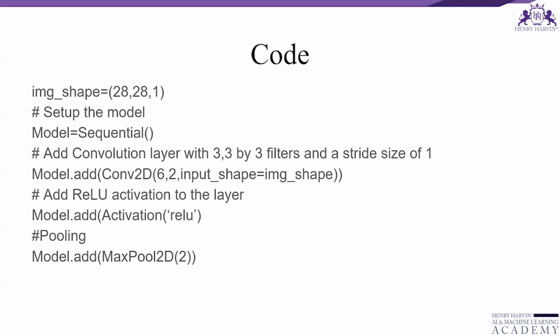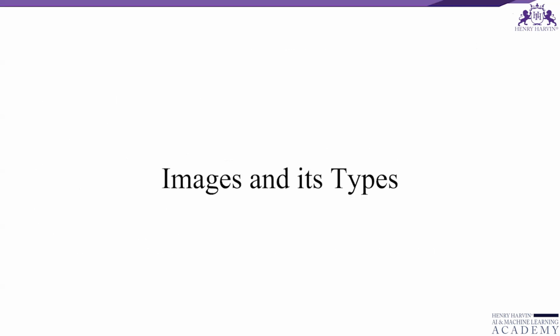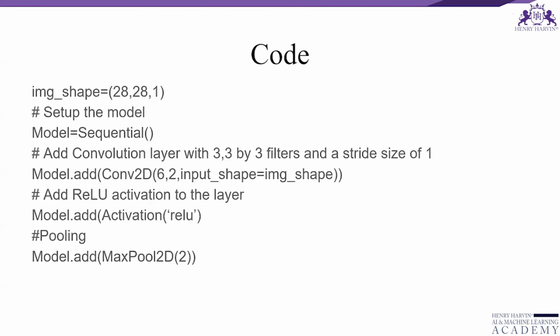So for that, what am I writing? model.add Conv2D 6, 2, input_shape is equal to img_shape. I'm using Conv2D, adding a layer over there. And then I'm adding a ReLU activation layer: model.add Activation ReLU.